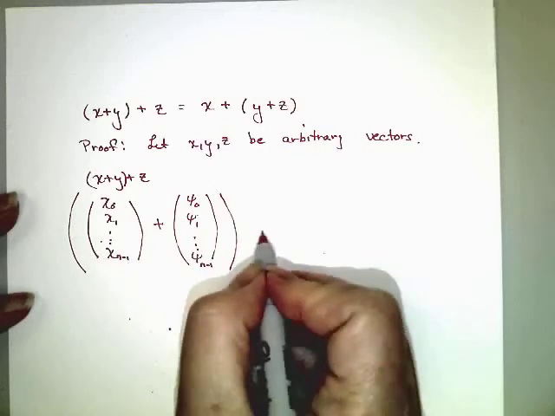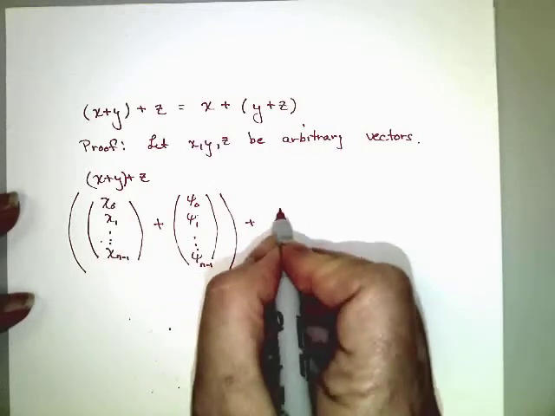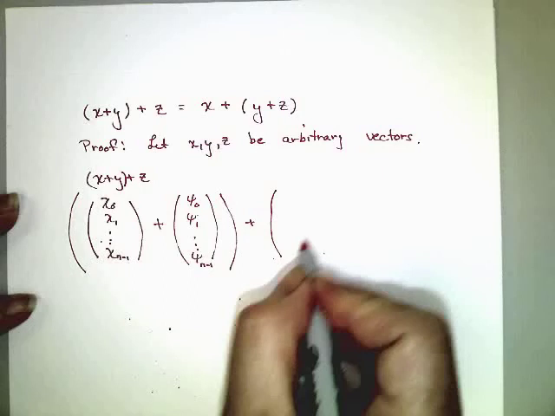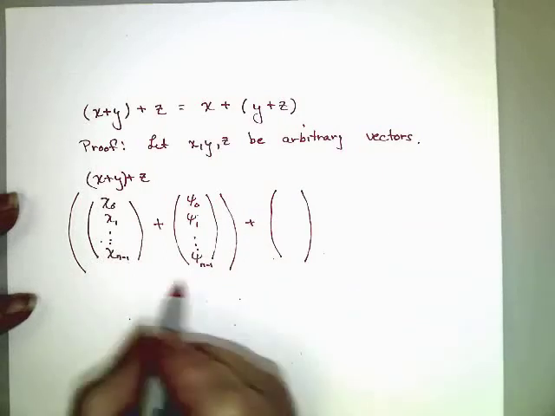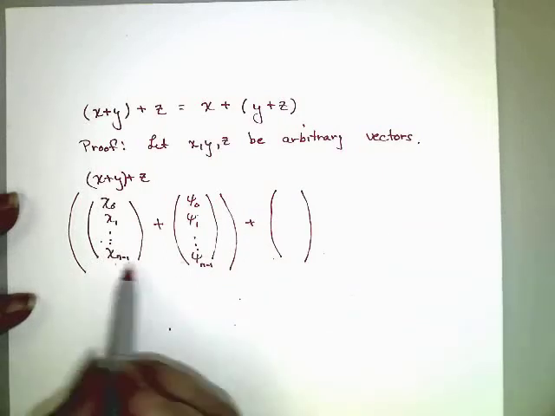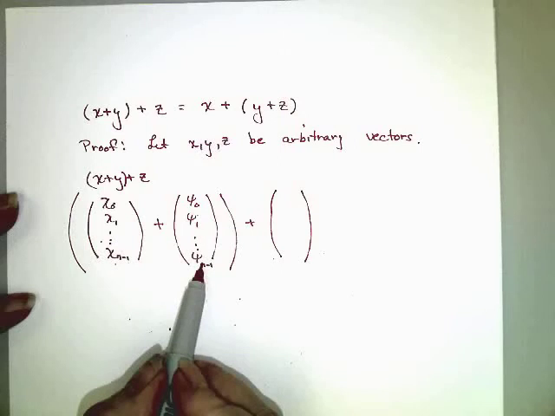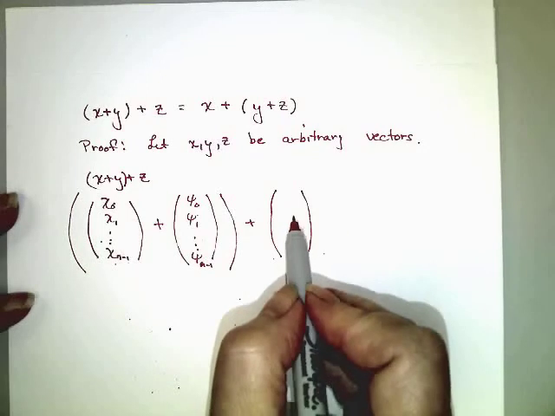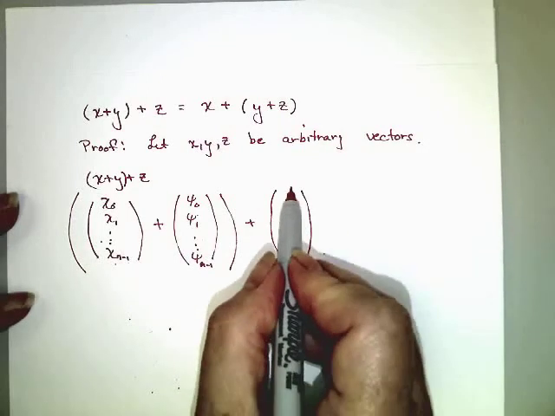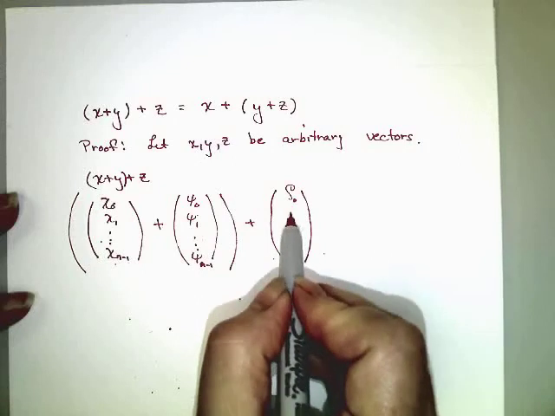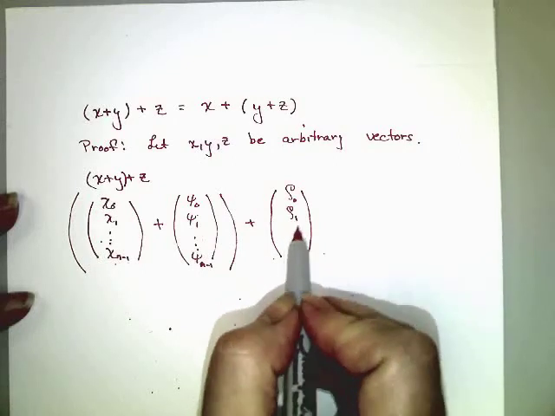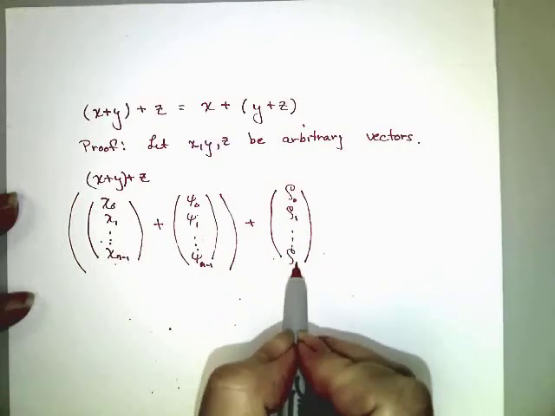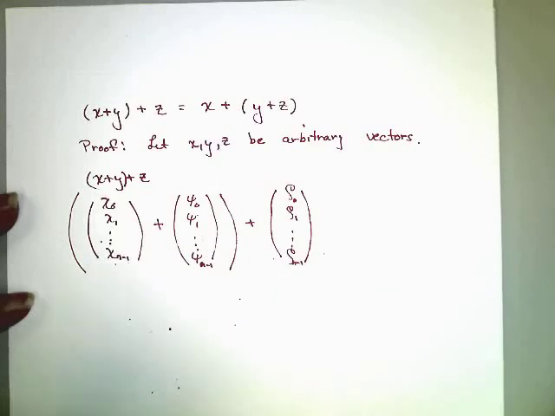After we complete that addition, we can add the vector z, which again has to be of size n because the sum of x and y is a column vector of size n. We can call the components of z zeta 0, zeta 1, and so forth, out to zeta n minus 1.